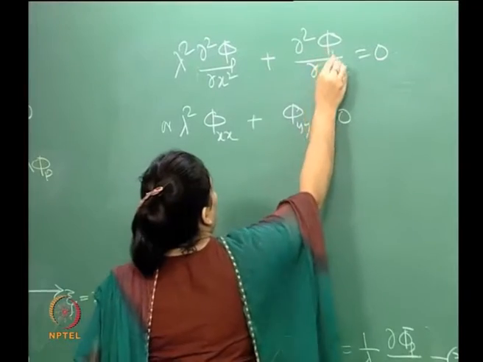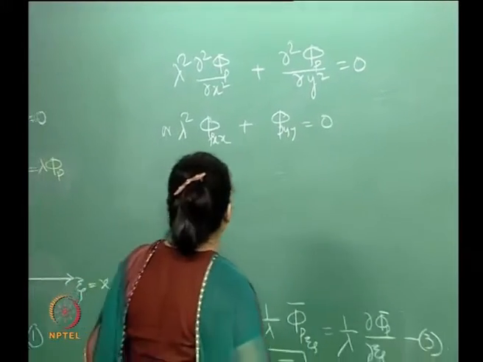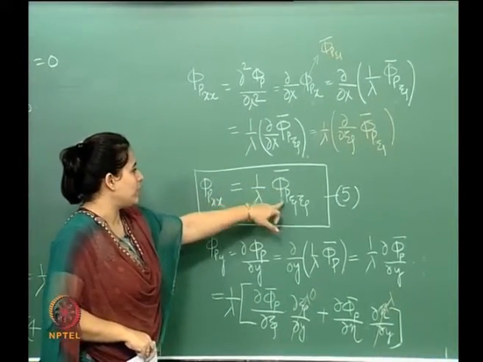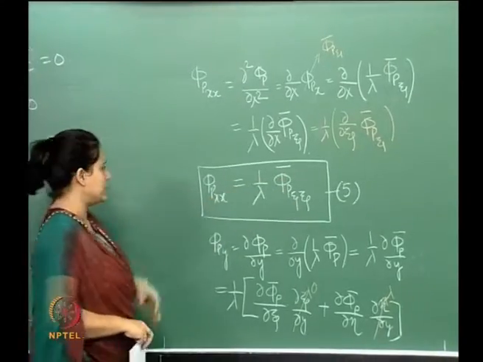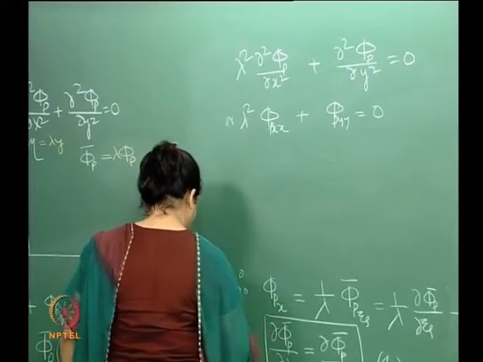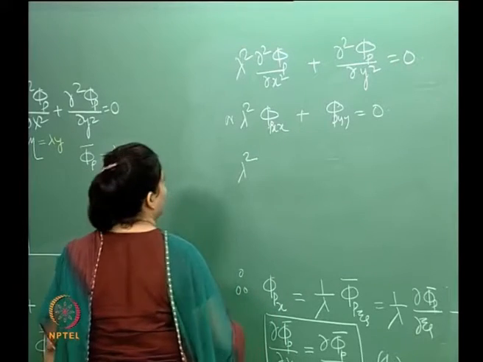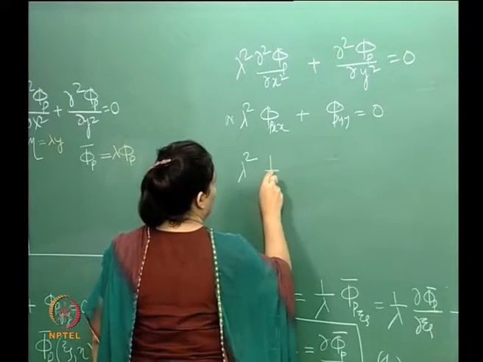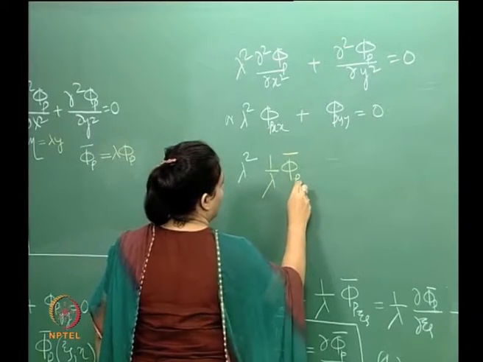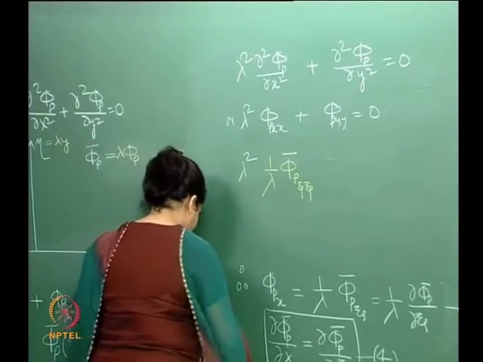This is the perturbation potential, of course. Now, this phi p x x is nothing but 1 by lambda phi p bar z z, right. So, this I can write as 1 by lambda phi p bar z z.